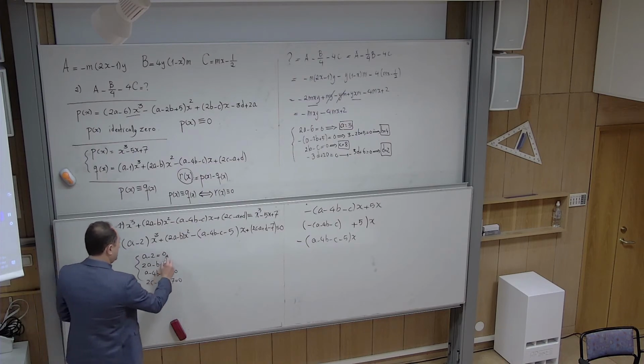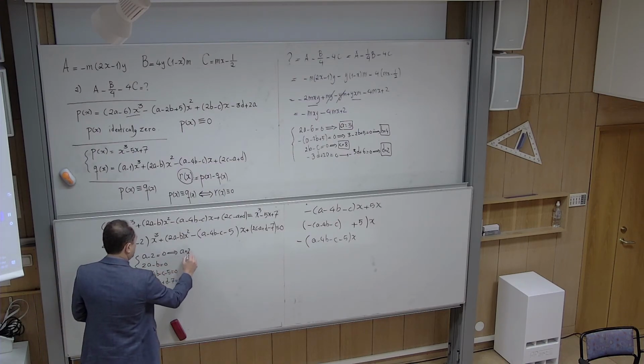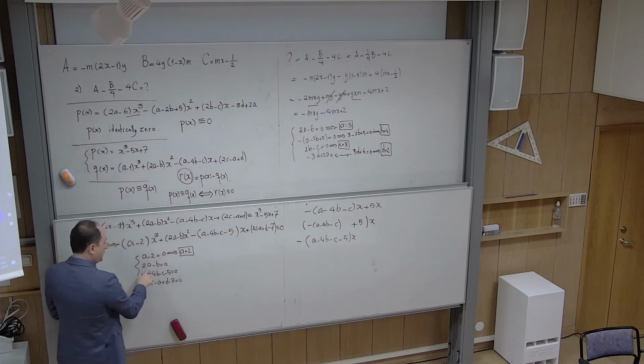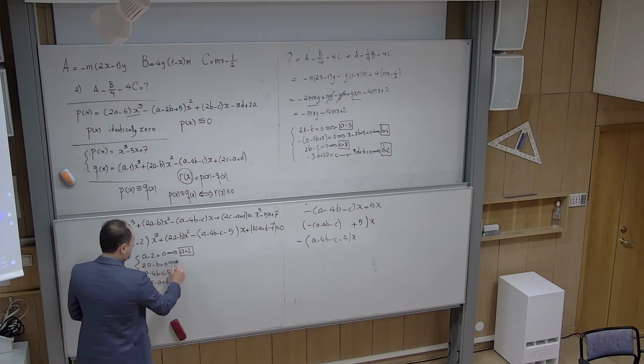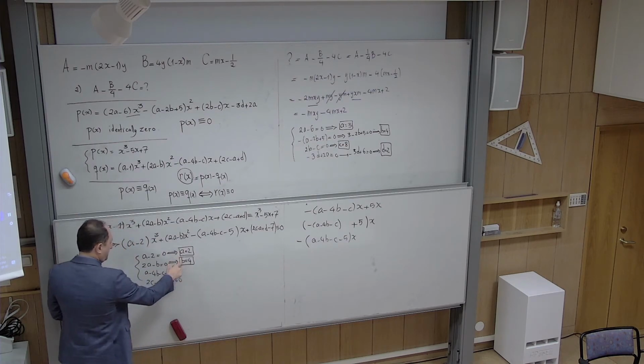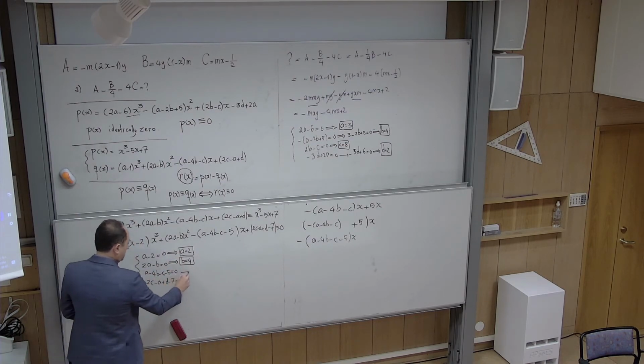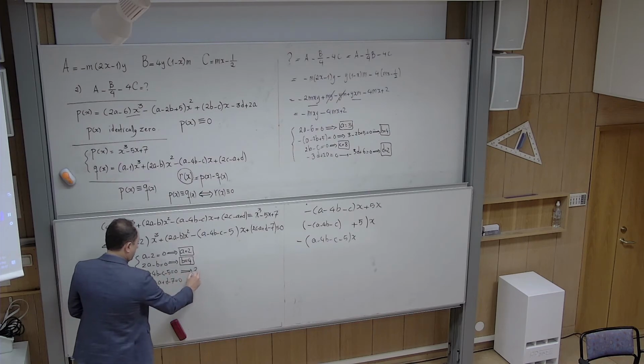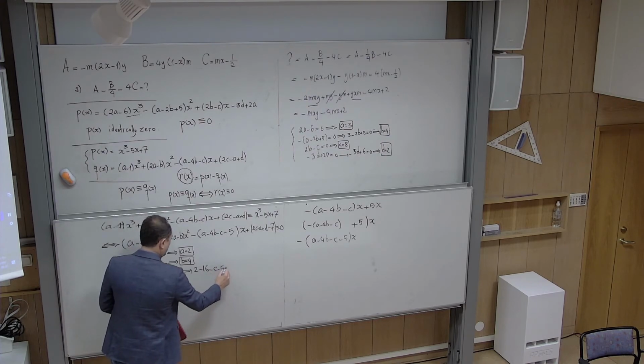For example, immediately if you get a is equal to 2 here, you put 2 here, it becomes 4, so this means b is 4. And now you have a and b, so you put them here. A is 2, minus 4 times b is 16. C is unknown yet. Minus 5 is equal to 0.